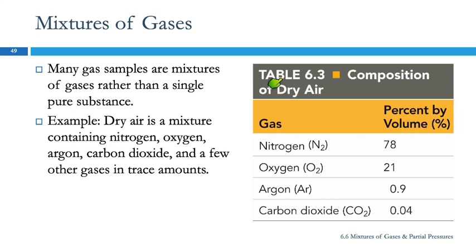Here we're talking about dry air as opposed to wet air. What's the difference between something being wet and dry? Water. So the air we're breathing right now, the humidity is fairly low. 52% is what the thing says here.